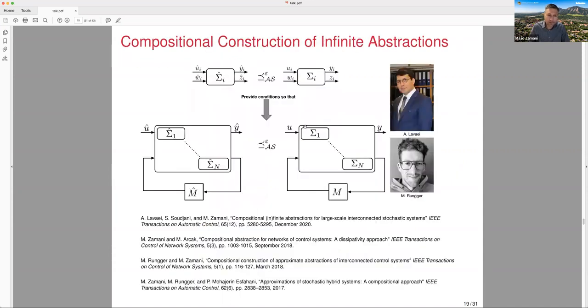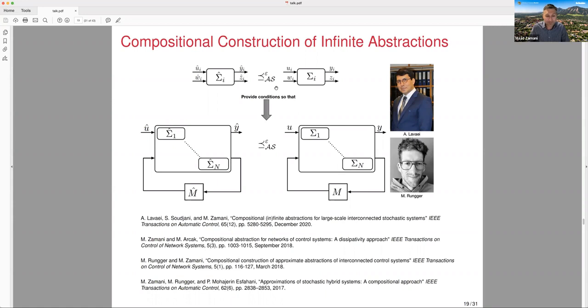So in order to provide infinite abstraction, the way it works is we look at the original interconnected system, and then we go and look at the subsystem level. We are able to provide an aggregate subsystem or a reduced order version of sigma I. If it's linear, we provide a geometric condition. And for some classes of nonlinear systems, we are able to construct the reduced order model such that there is some property between these two.